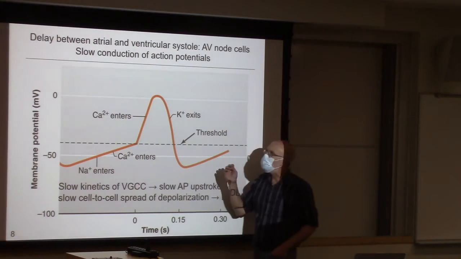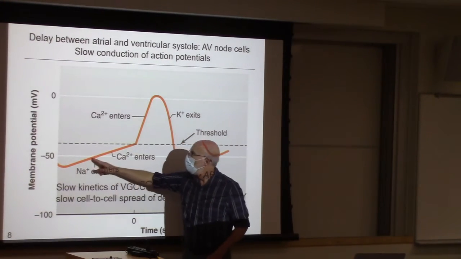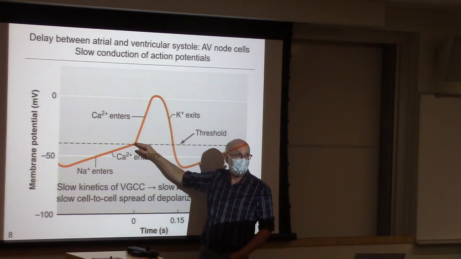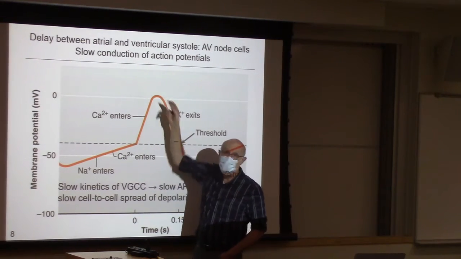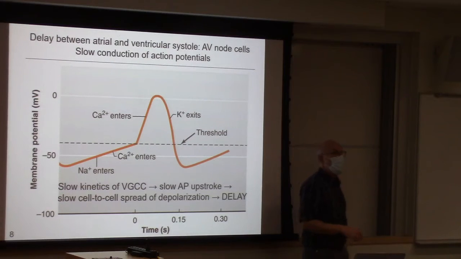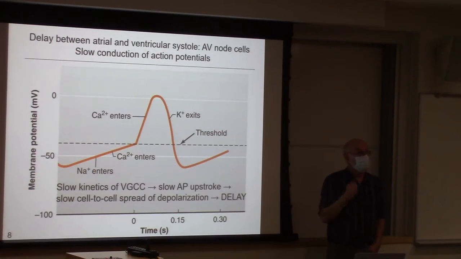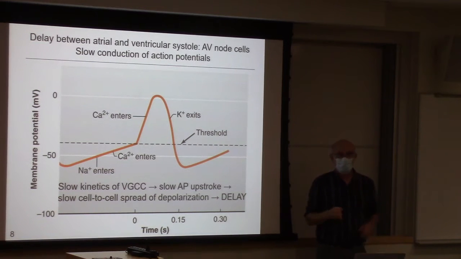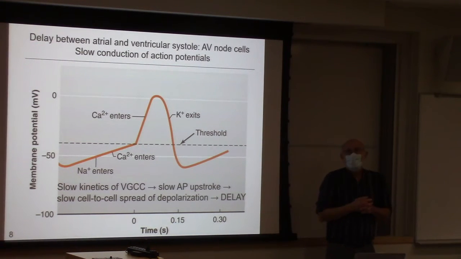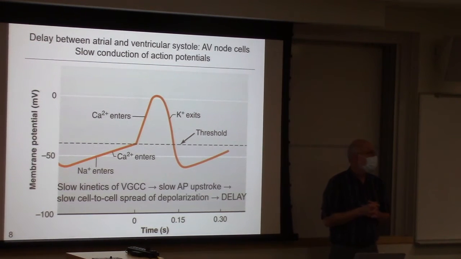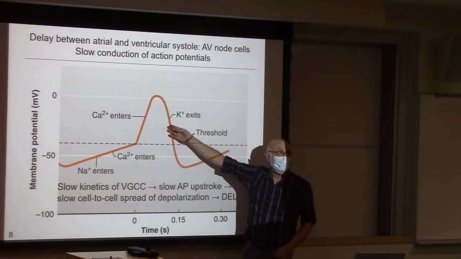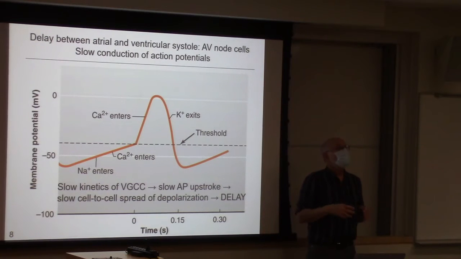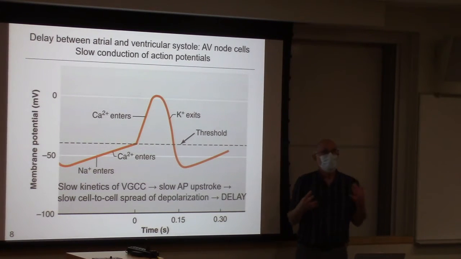But you may have noticed, wait a second, the AV node can spontaneously reach threshold, and it can spontaneously fire an action potential. And so the AV node is our first backup pacemaker. If the SA node fails, and it happens, there's disease of the SA node, we have a backup pacemaker in the AV node.